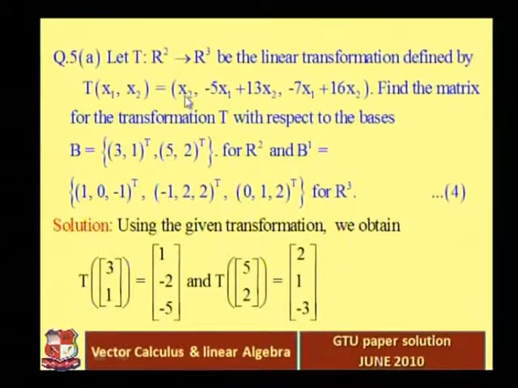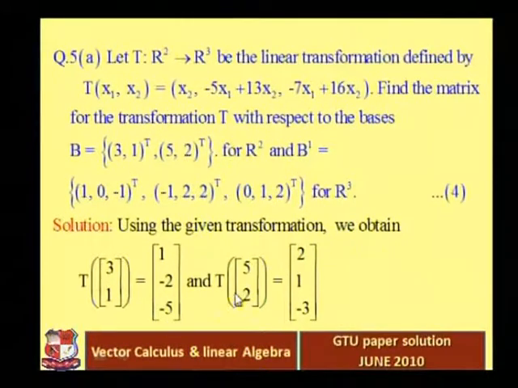So put these two values in this definition. x2 is 1, minus 5 into 3, so minus 15 plus 13 into 1, so minus 15 plus 13, you will get minus 2. Then minus 7 into 3, that is minus 21, plus 16 into 1, so plus 16, right? So minus 21 plus 16, you will get minus 5.